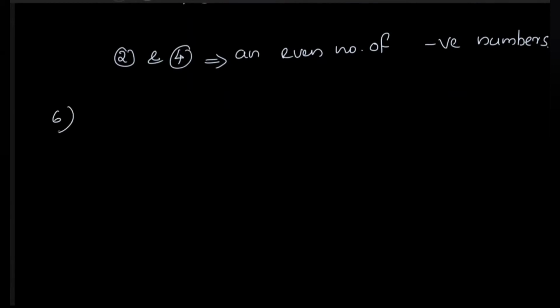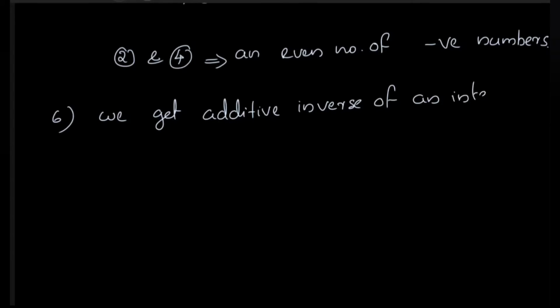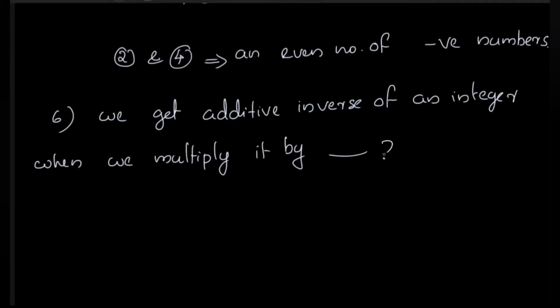Next is our sixth question. We get the additive inverse of an integer when we multiply it by dash.